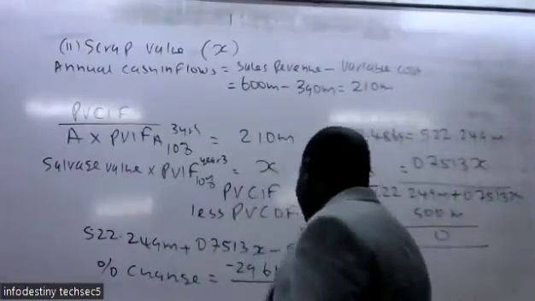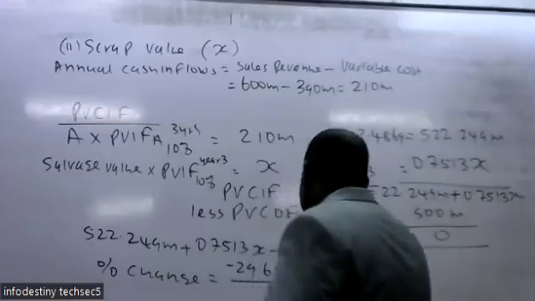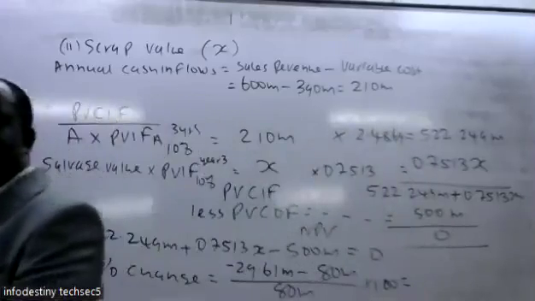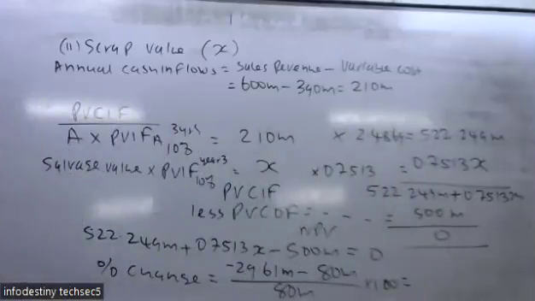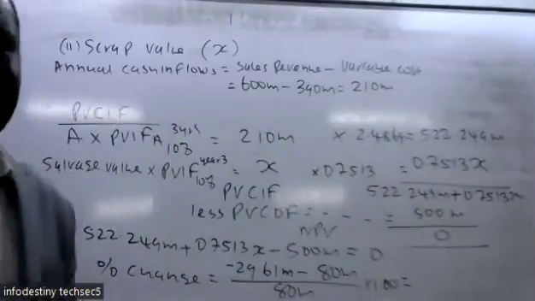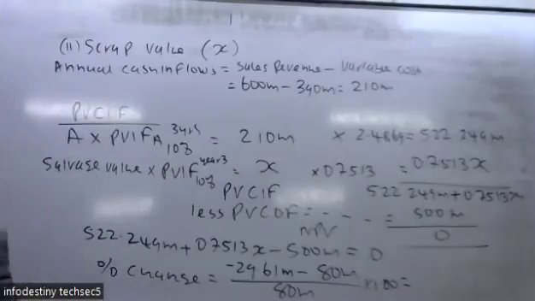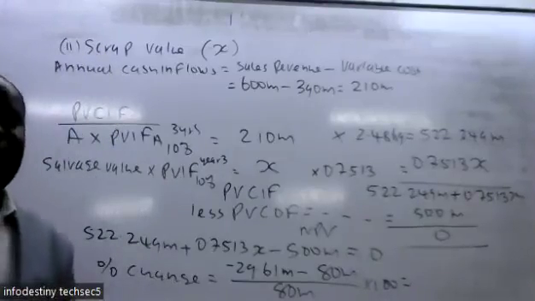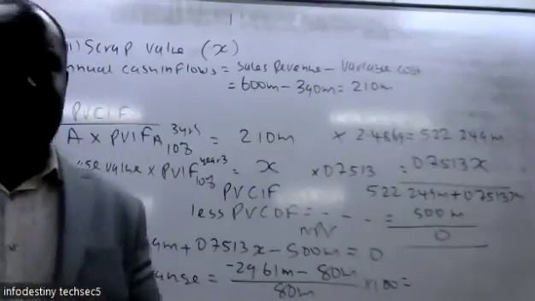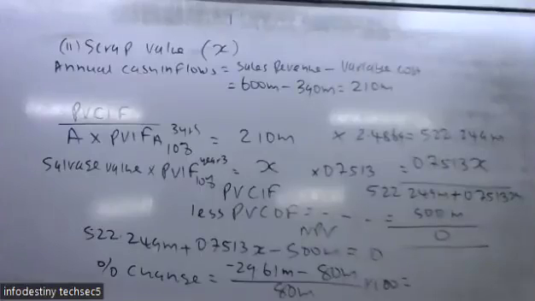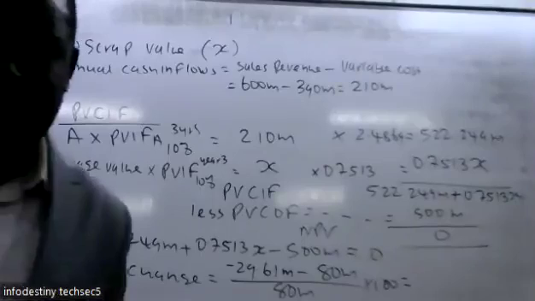You also divide by 80 millions. So you express it as a percentage. So it will be negative 137. So the scrap value is negative because this person incurred some extra cost in disposing of that item. So that is now our Roman letter 2.